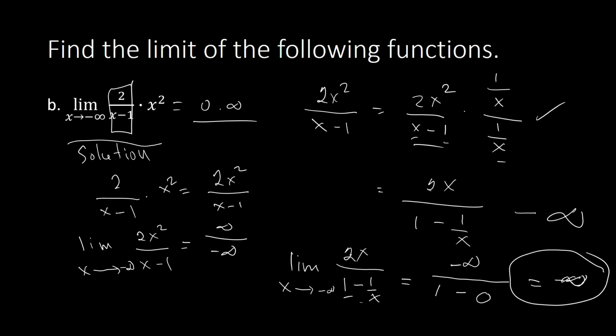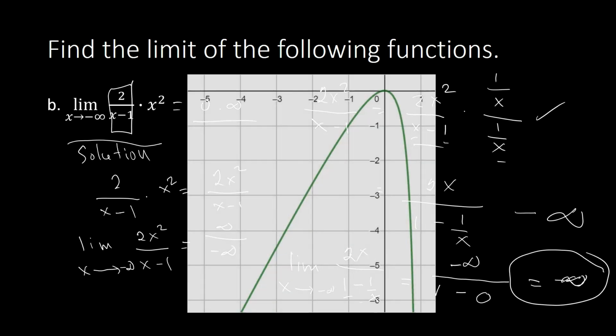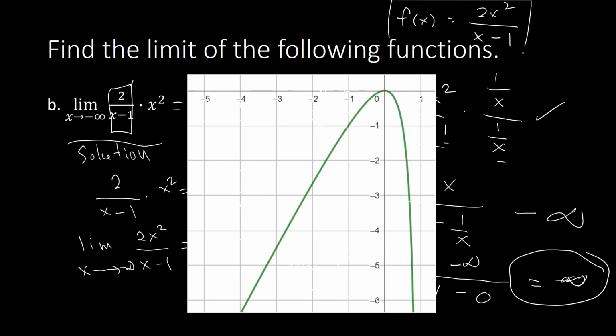You know what? I was kind of rusty when I was preparing the slides for this topic, because I haven't taught limits in a very long time. And so I just want to verify if what I got here is correct. So what I did is I sketched the graph of the function 2 times x squared over x minus 1, of course with the help of GeoGebra, and this is what I got.